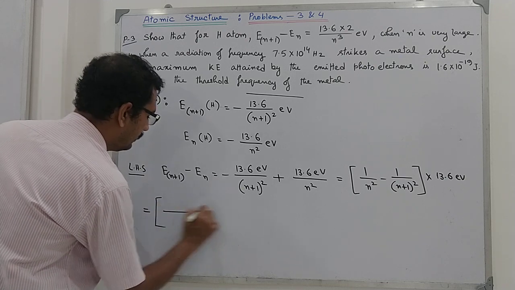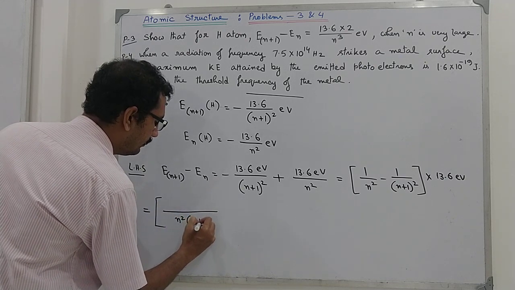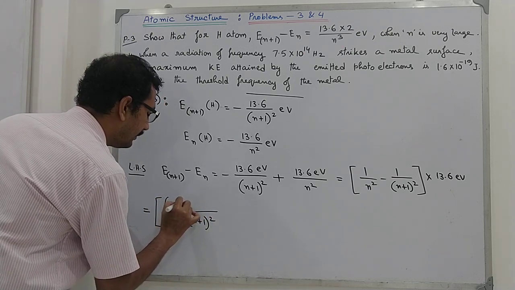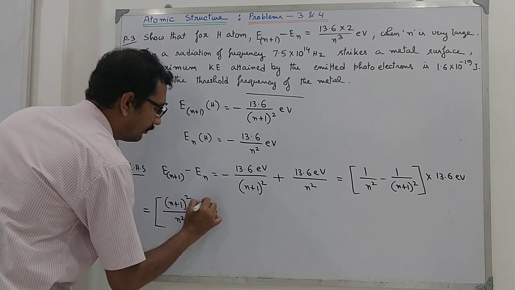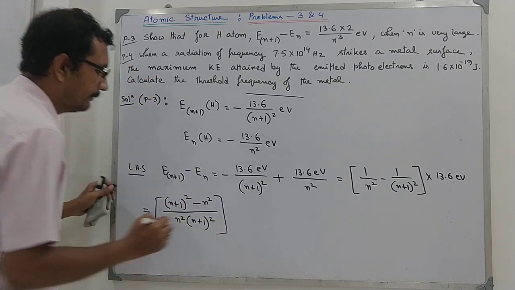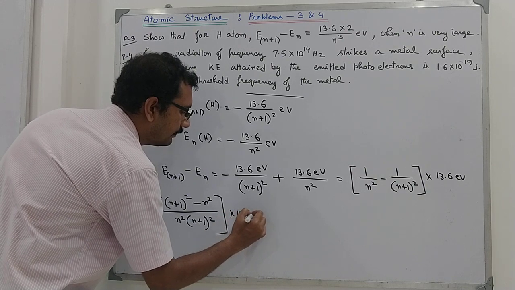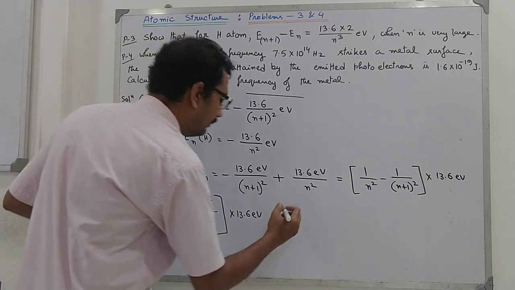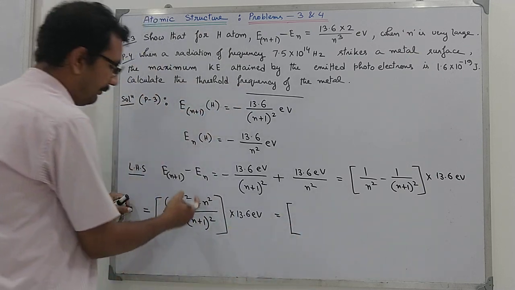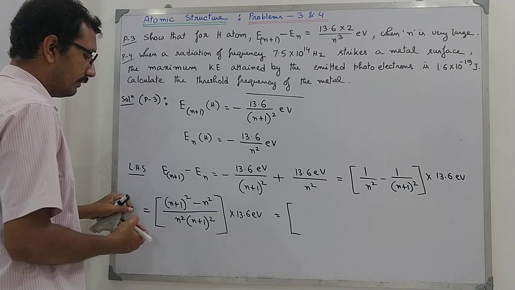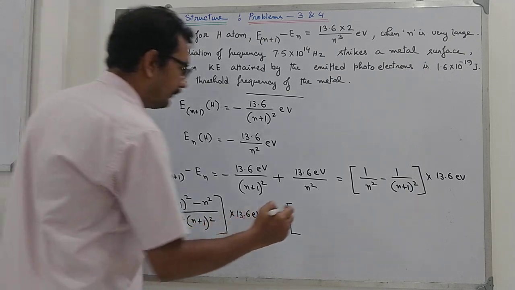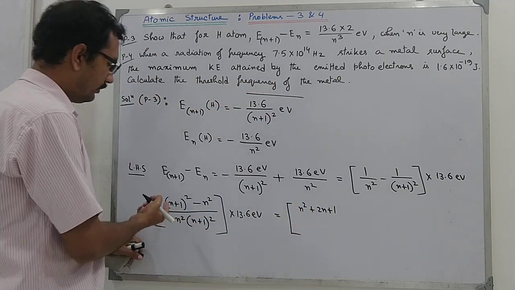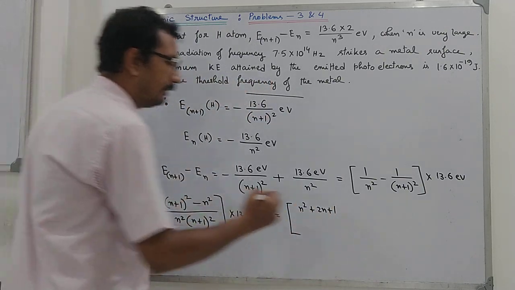Now we have to simplify this expression within the parenthesis. So the LCM will be n square into n plus 1 whole square, and here it will be n plus 1 whole square minus n square, into 13.6 electron volt. Now let us expand this a plus b whole square. Only you have to perform this in the numerator, don't do this in the denominator. The reason you will know shortly. So it is n square plus 2n plus 1 minus n square.